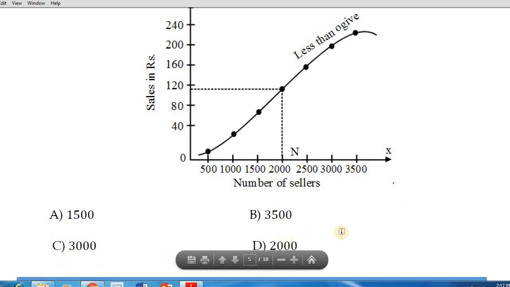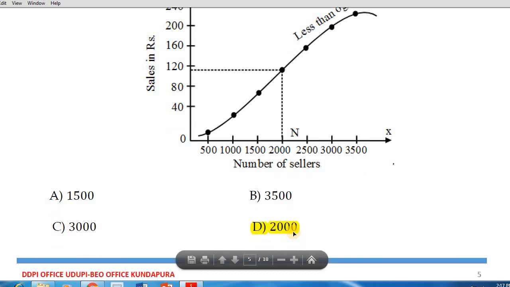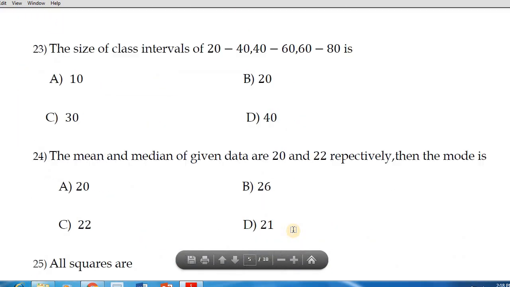For a less than type ogive, the graph goes from bottom to top, and there they have drawn perpendiculars. Two perpendiculars they have drawn, one on the y-axis and another on the x-axis. The perpendicular drawn on the x-axis gives the exact answer. Therefore 2000, option D is correct. Move on to the next one.